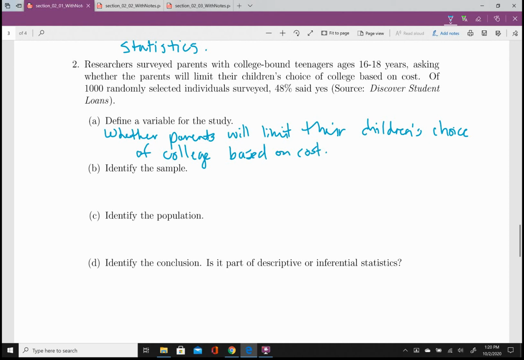Okay. So the 1,000 randomly selected individuals, that is the sample, okay? Let's go ahead and do that. Oops, let's go back here. 1,000 randomly selected individuals is the sample.